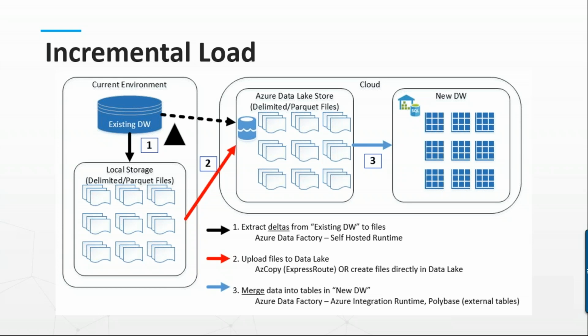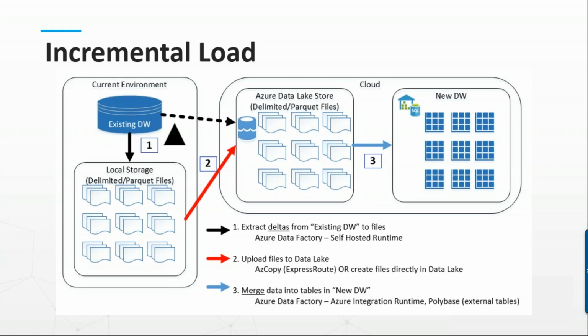So I've used a similar high-level data flow diagram as the full load. The biggest difference here is on step one, where I'm only pulling the deltas or the changes from my existing data warehouse. And so on a regular basis, this will be a much smaller data set, and we can run this as frequently as we need to.